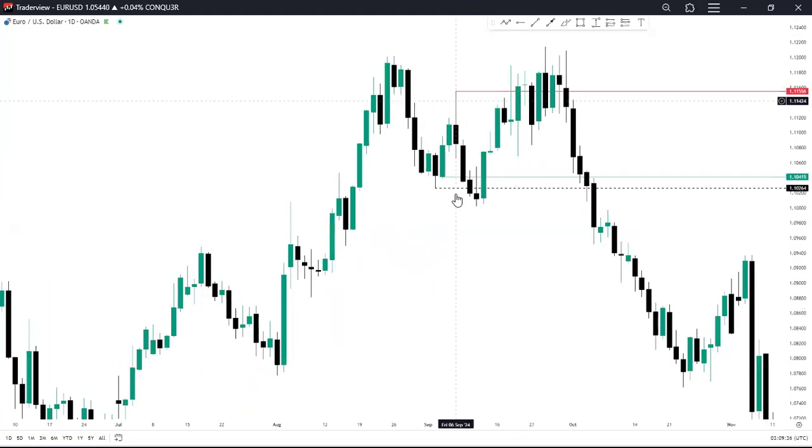So the market was also able to close below here. So we expected, if the market was able to give us this new area of liquidity, that the market would confirm this shift right here and claim the new trend from an uptrend to a downtrend.